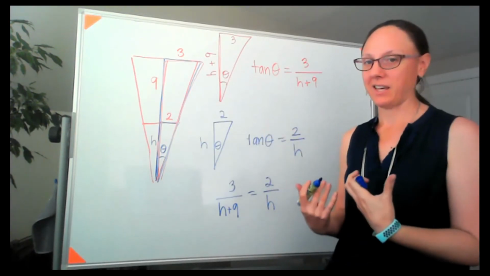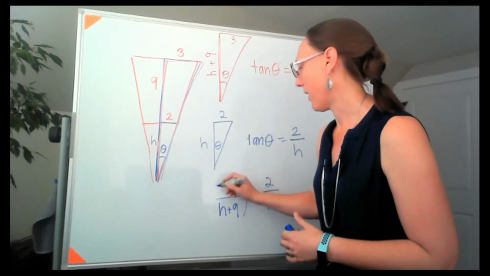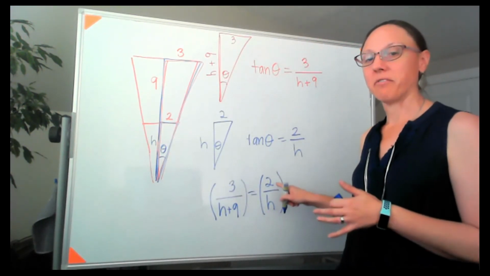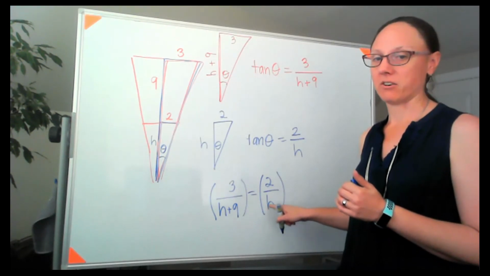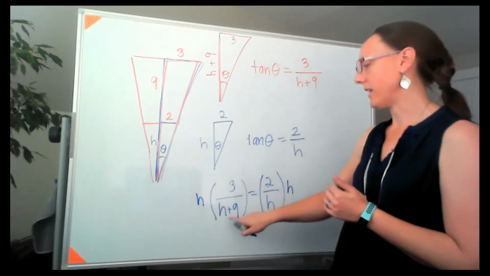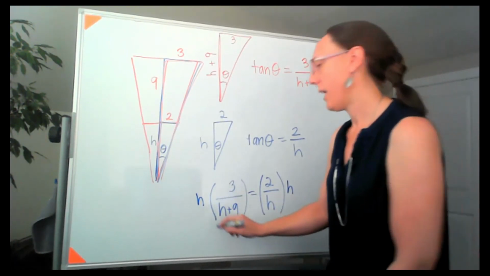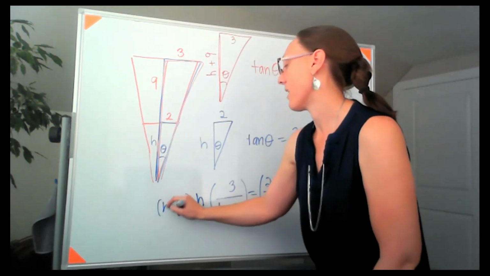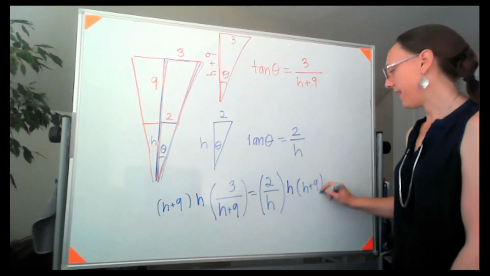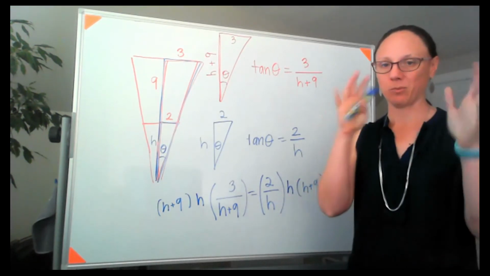What I'm going to say is I'm going to eliminate fractions by multiplying by something to make them go away. So if I need the h in the denominator to go away, I'm going to multiply both sides by h. And if I need the h plus 9 in this denominator to go away, I'm going to multiply both sides by h plus 9. The net result of that should be the same as cross multiplication, right?